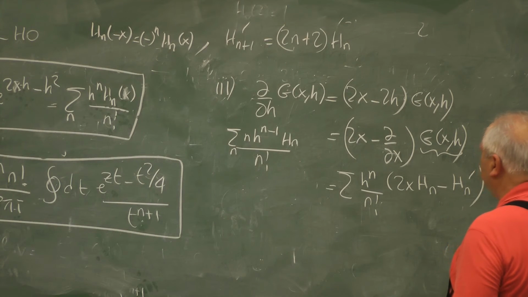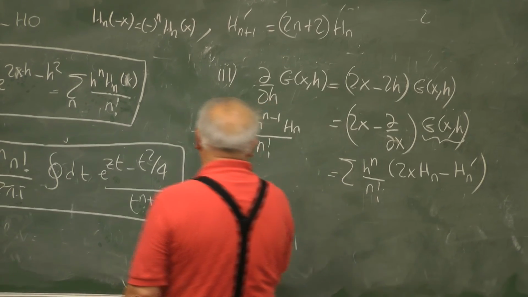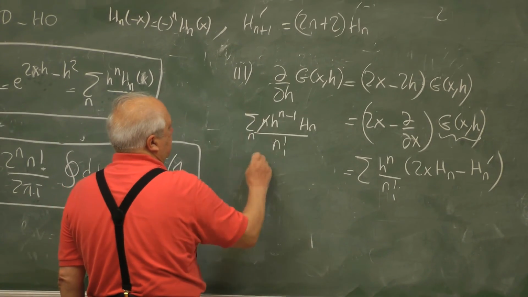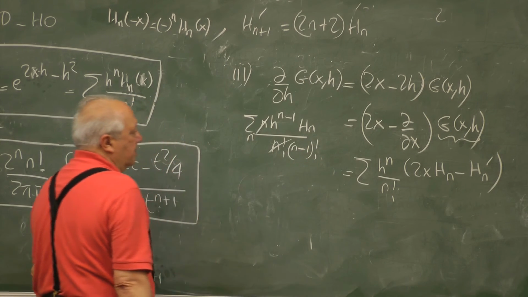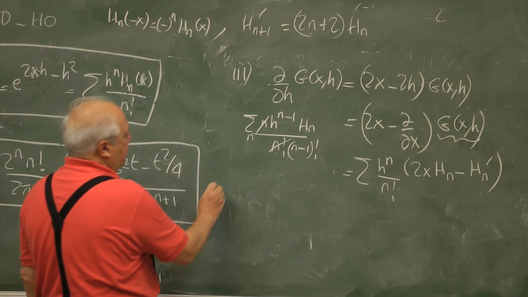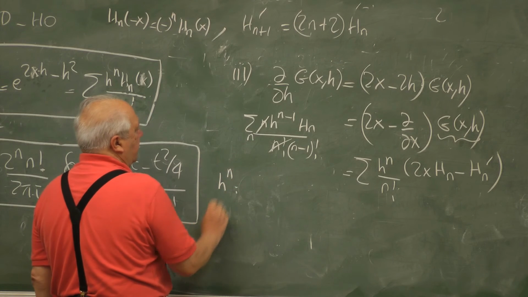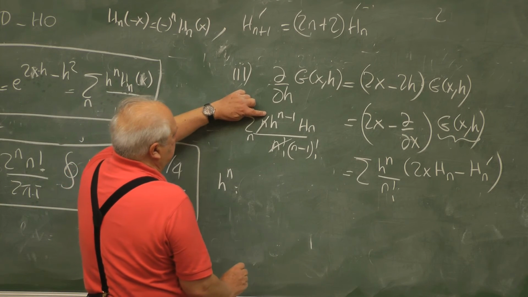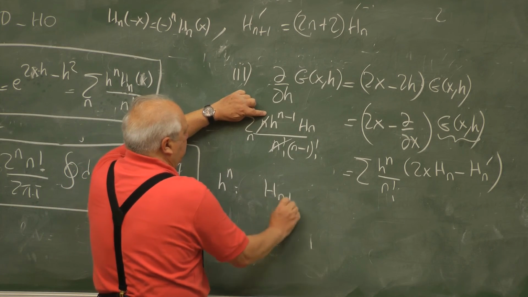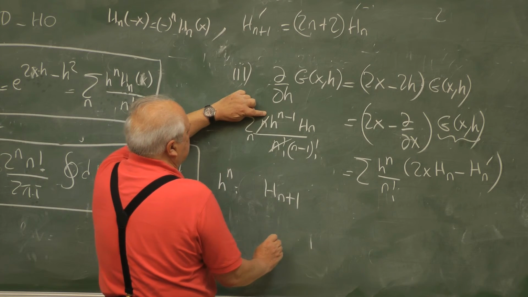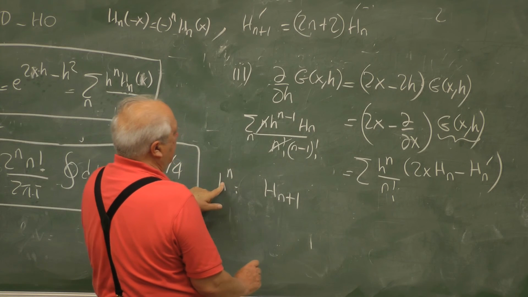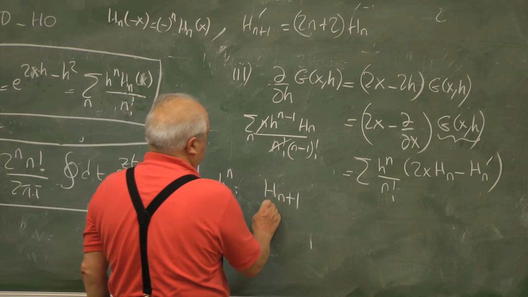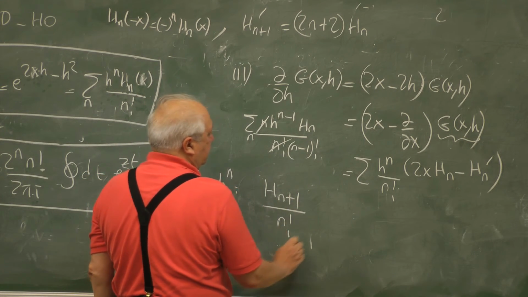So let us compare the powers of h to the n. So this is n minus 1 factorial. So compare to the powers of h to the n. From here we have H n plus 1, because n plus 1 minus 1 is n, divided by n factorial.